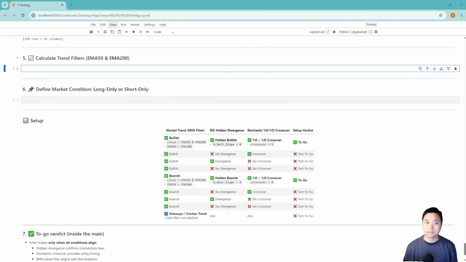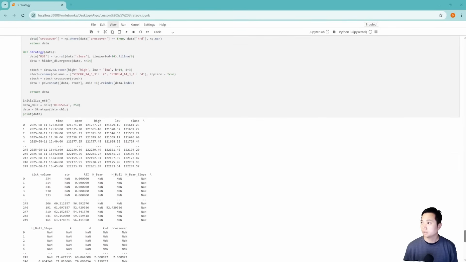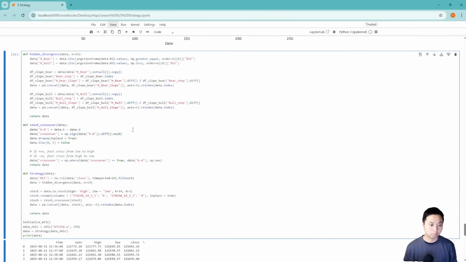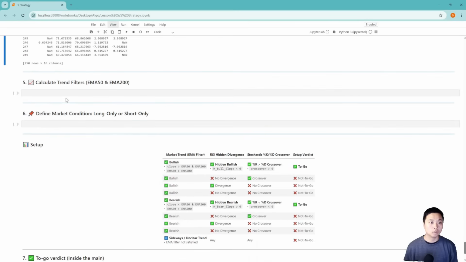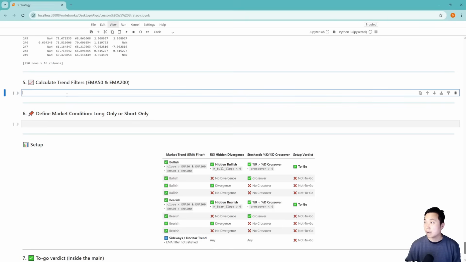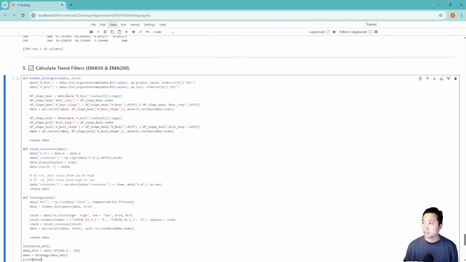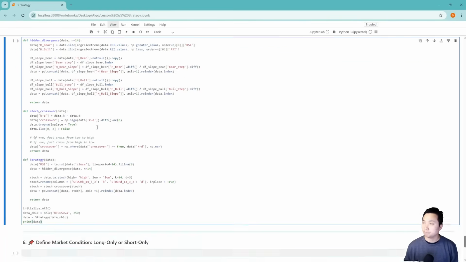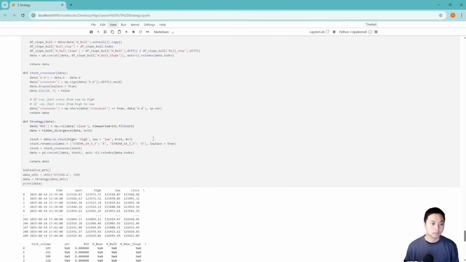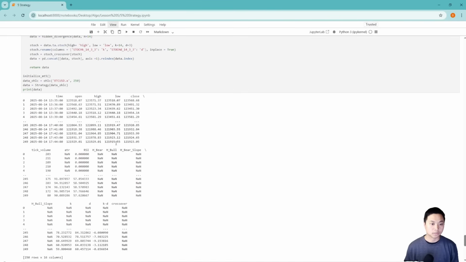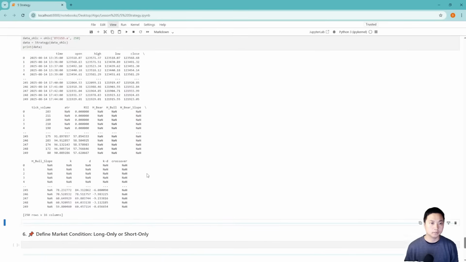First thing first, let's copy all the code that we developed in previous lessons so far, which includes the RSI hidden divergence and also the stochastic oscillator crossover. Here again, we simply initialize the setup and see what we've got so far.